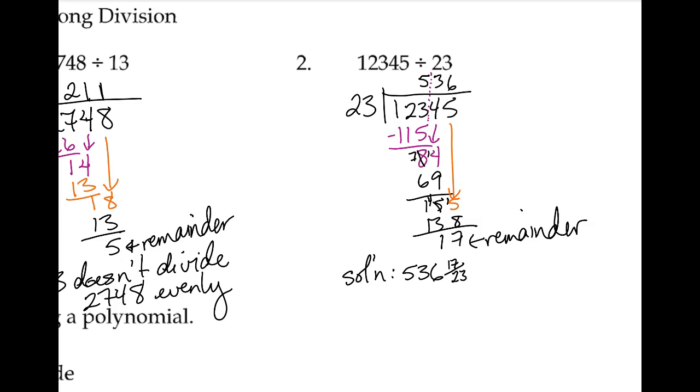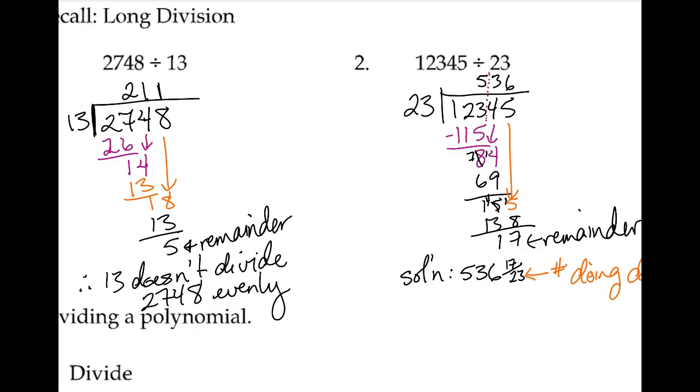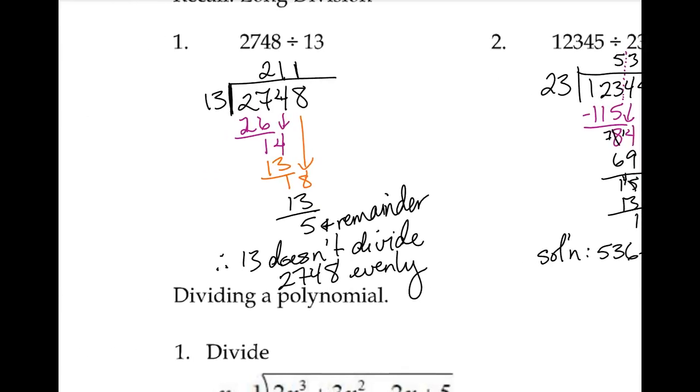And that denominator is the same denominator that I would have had if I had written this in fraction form, so the number doing the dividing. Okay, so that's how we would write it. And you could convert that to a decimal if you had access to a calculator, but we're trying to not.